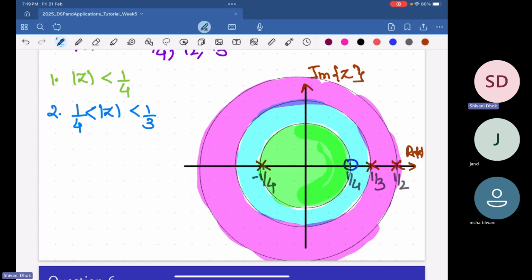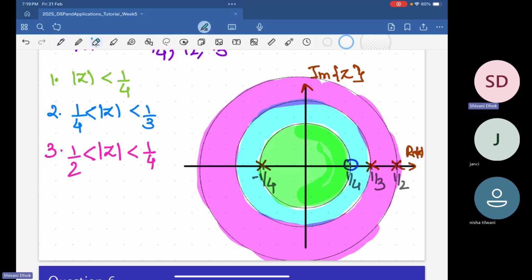So the third region that we have is magnitude of z that is less than 1 by 4 but greater than, sorry, what did I write? Yeah, greater than half.